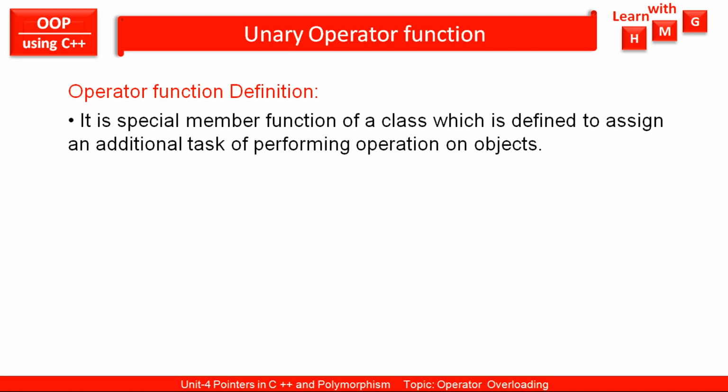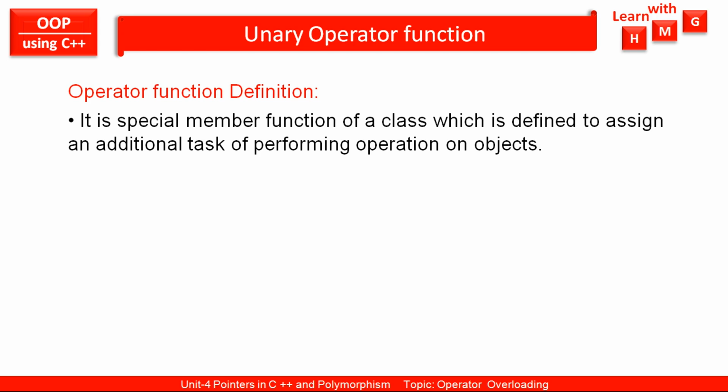So the operator function is a special member function, that is, it is a member of a particular class. In this operator function, the additional task you are assigning to that particular operator is defined, and that task will be performed on objects. Like this, the operator will perform the operation on objects.